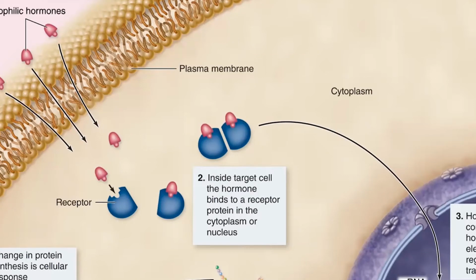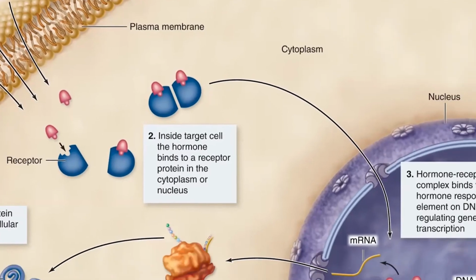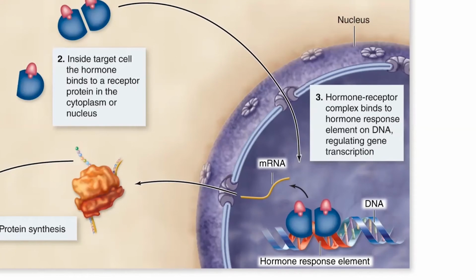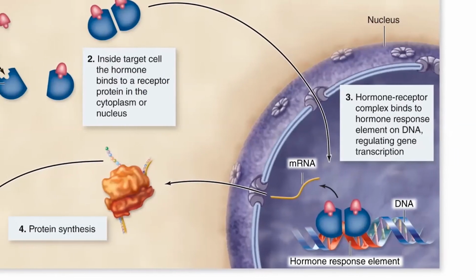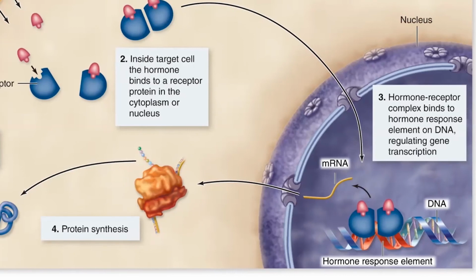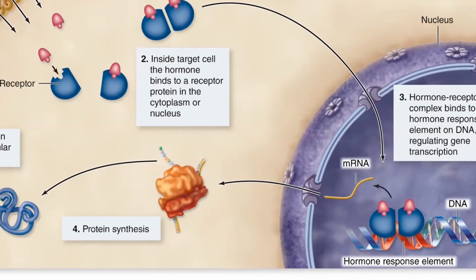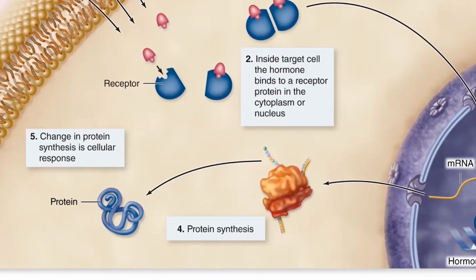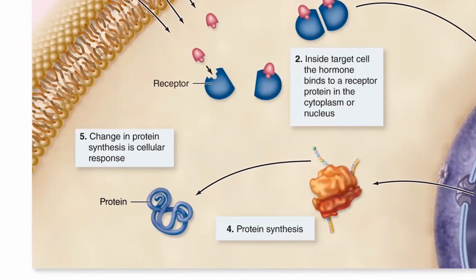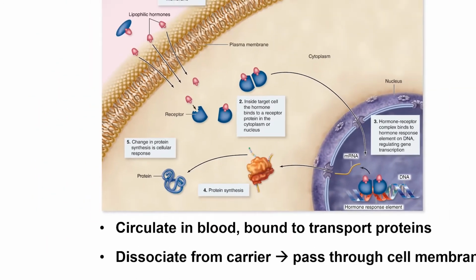That hormone receptor complex then moves into the nucleus, binding to a hormone response element on DNA that is involved in the regulation of gene transcription. That binding results in the transcription of mRNA, which then results in protein synthesis. And the synthesis of that new protein is the cellular response to that lipophilic hormone.